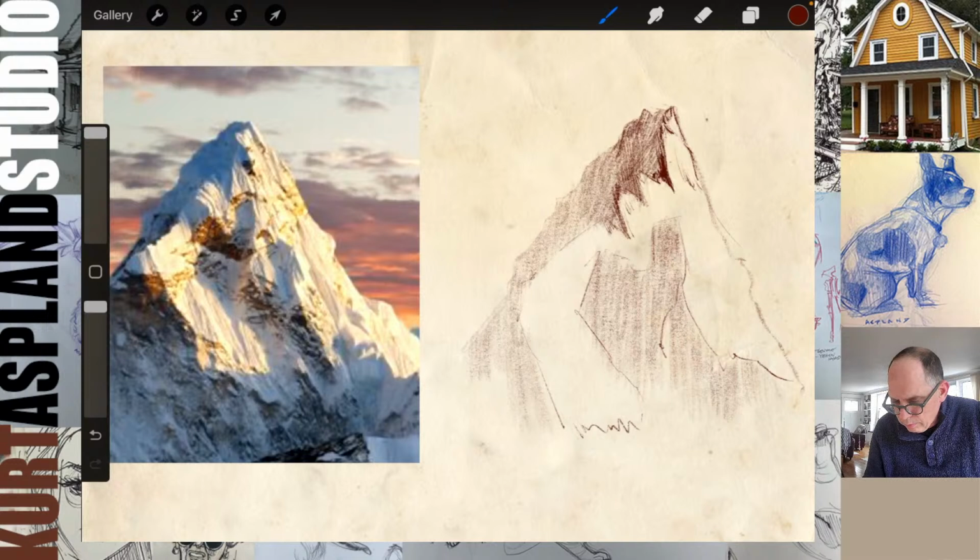Look at this, you got those dark rocks that start to pop up down here. Some of my lines I'm trying to get to follow the surface of this mountain here.